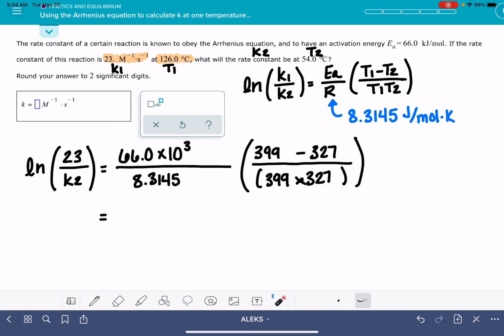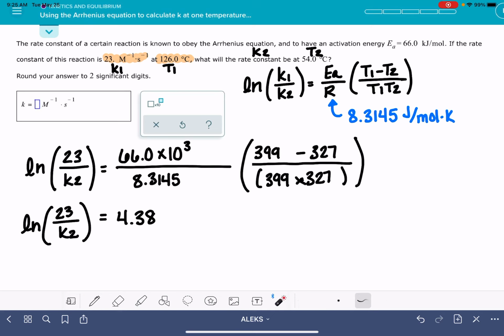So this part of the equation right here is giving me 5.5 times 10 to the minus 4. And then I'm going to multiply that by 66 times 10 to the third and divide by 8.3145. This is giving me a result of 4.38. All of this together is 4.38, and that's equal to the natural log of 23 over K2.